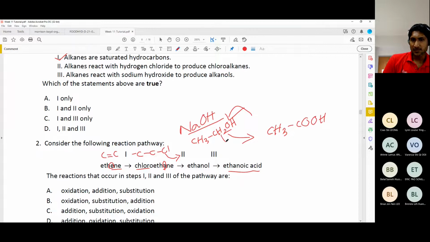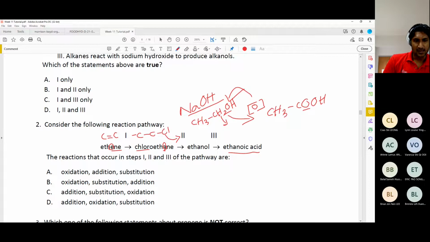This H2 is gone from here, and another O is added in its place. So to take this hydrogen out and to add one more oxygen, I need an oxidizing agent. Potassium permanganate can do that, or potassium dichromate can do that. This is an oxidation happening here.